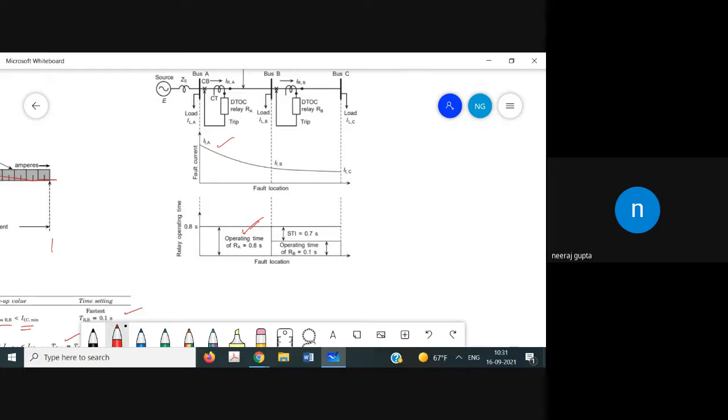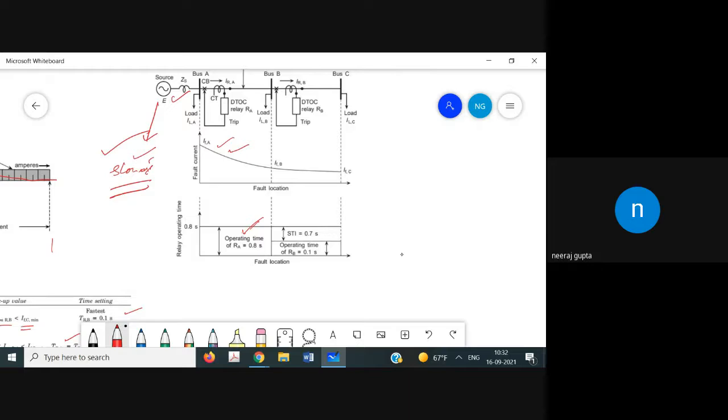So the relays nearest to the source are actually the slowest, which is not desirable because near the source the fault current is high.